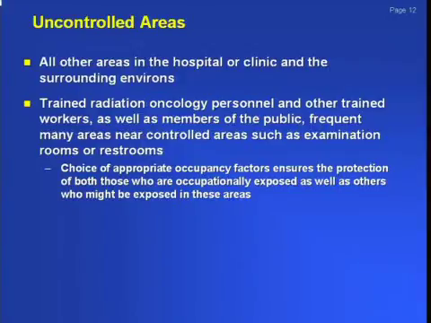That really didn't fly. So you have to assume that you have occupancy 1 foot from that wall. Trained radiation oncology personnel and other workers, as well as members of the public, frequent many areas, and so you really do have to look at where and who is going into any of your adjacent areas.